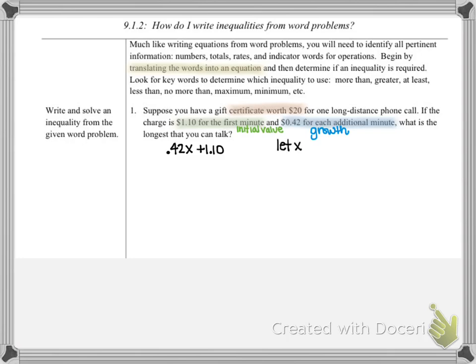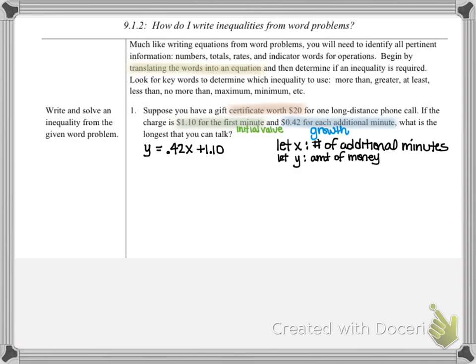I'm going to let x represent the number of additional minutes. And then if I put this equal to y, I think this represents the amount of money that I'm going to spend. Now, again, I'm just writing an equation. That doesn't mean I'm going to keep it this way. So I'm going to let y be the amount of money spent, or amount of money total.